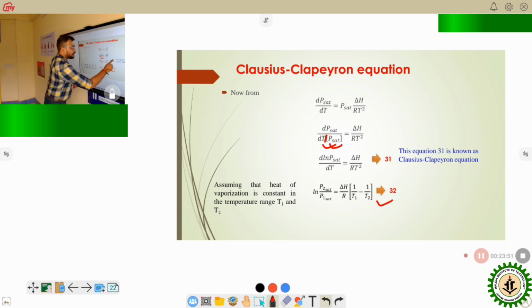Equation number 32 is the rearranged version of equation number 31, so both are related to the Clausius-Clapeyron equation.